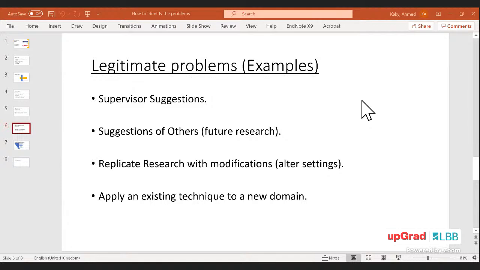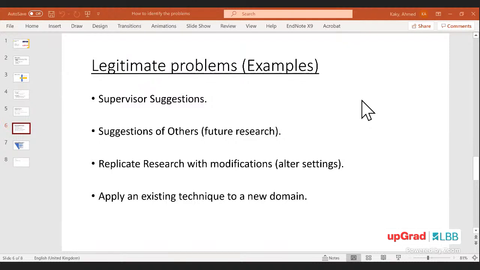You could also replicate research with modification. So, for example, one of the researchers has applied a specific computer approach to handle a certain problem, for example, in airport scheduling, in the scheduling of bus stations, in the prediction of Bitcoin price, and any kind of solutions.